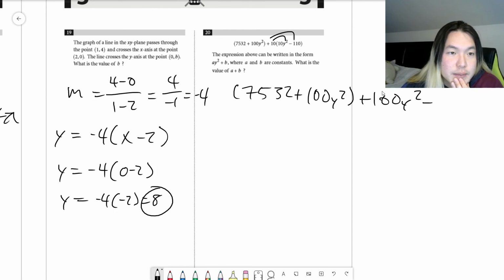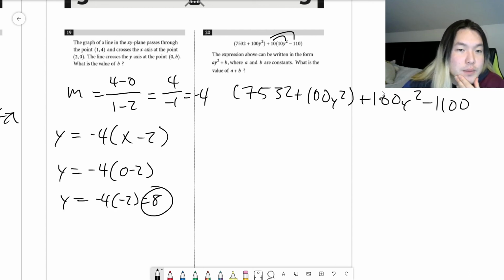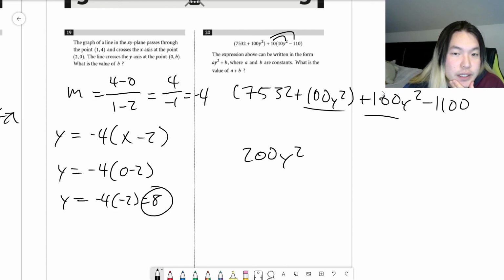Negative 110 times 10 is negative 1,100. Okay, now we combine like terms. That's 200y squared. And then this one becomes 32, 4, 6. And then we add these together to get 6, 6, 3, 2.